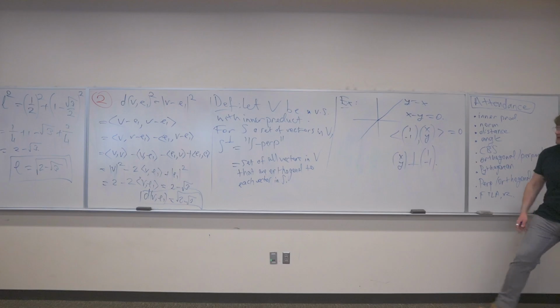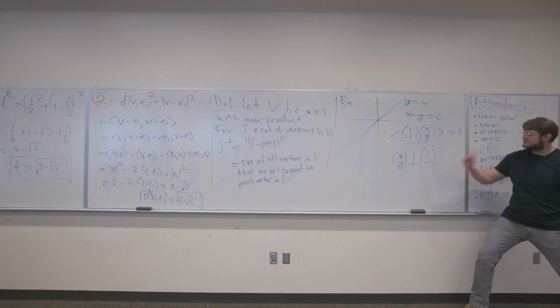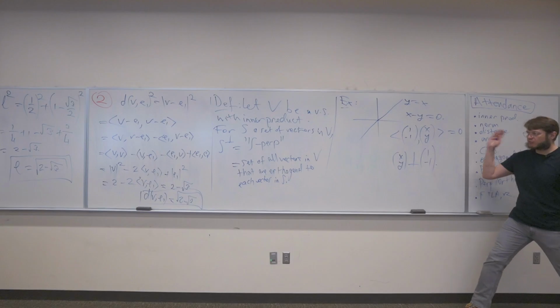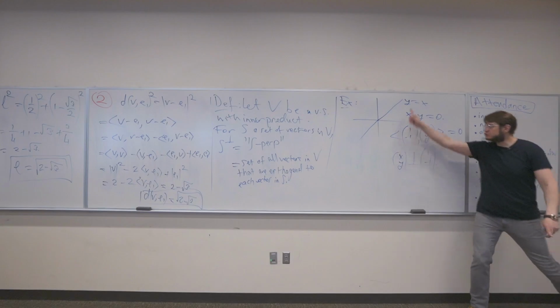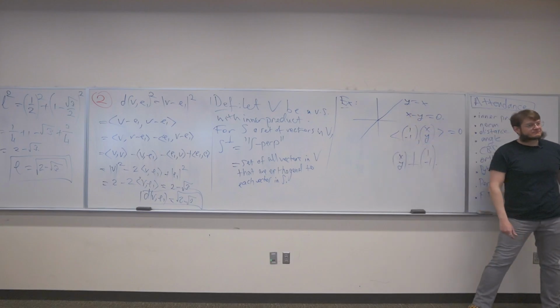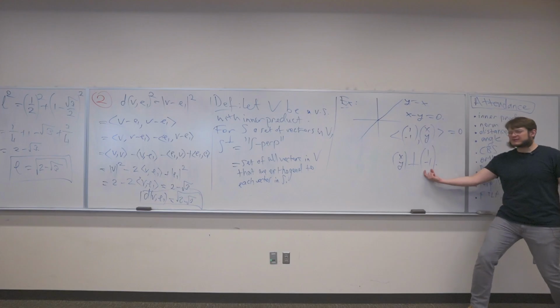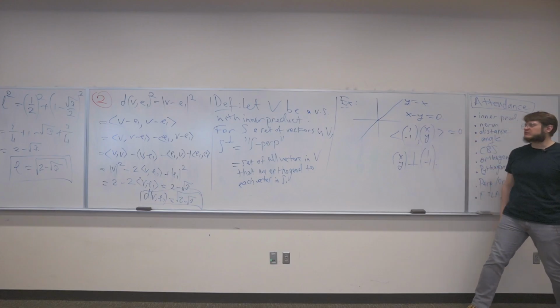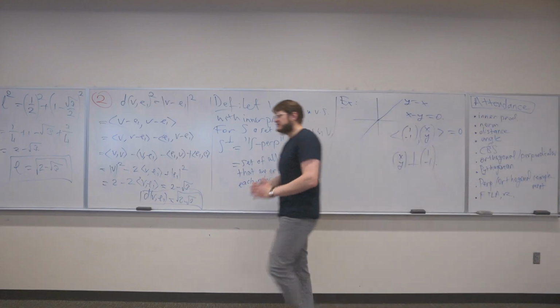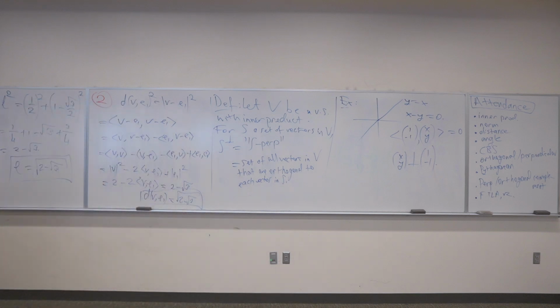Okay? And so if I were to choose my S to be this specific vector, a set of one vector only, its perp would be precisely this line. And of course, what is this? (1, minus 1) is nothing but a normal vector to it. It's a vector that is perpendicular to this line.